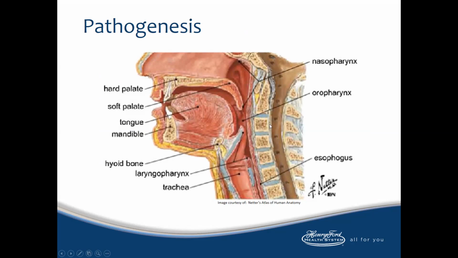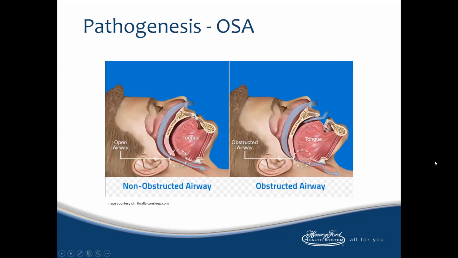If you have overgrowth or enlarged tonsils or adenoid tissue, that can take up space there. And then even some of the deeper tissues, as everything relaxes, it all falls back and puts pressure there and closes off that opening. So this is a little bit more of a picture demonstrating that. You can see that there's a nice open airway, very patent, in a non-obstruction. Someone with an enlarged tongue or unfavorable anatomy has more of an obstruction there.